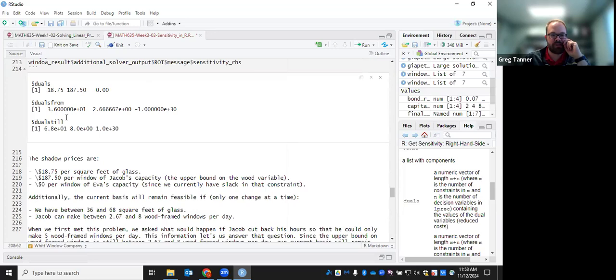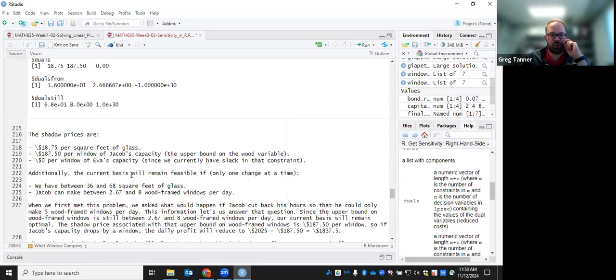If we look at the from and until, the current basis will remain feasible if we have between 36 and 68 square feet of glass. We'll still follow the same strategy of making as many wood framed windows as possible, hitting the upper bound on that, and then using up all of our glass so that we're glass limited.